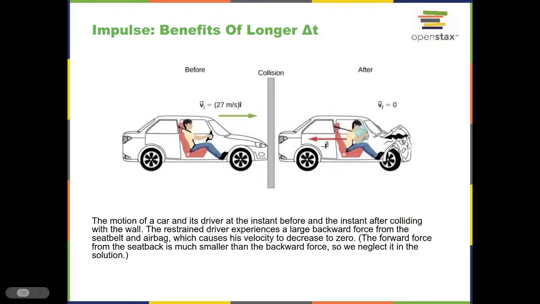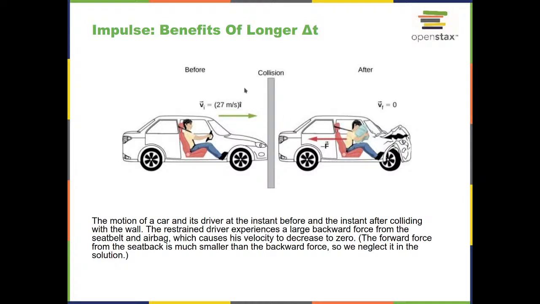So one other aspect of impulse is relevant for airbags. This is essentially the same problem, except the meteorite is the car and you're in the car, and you're coming to rest against a wall, also known as a collision.